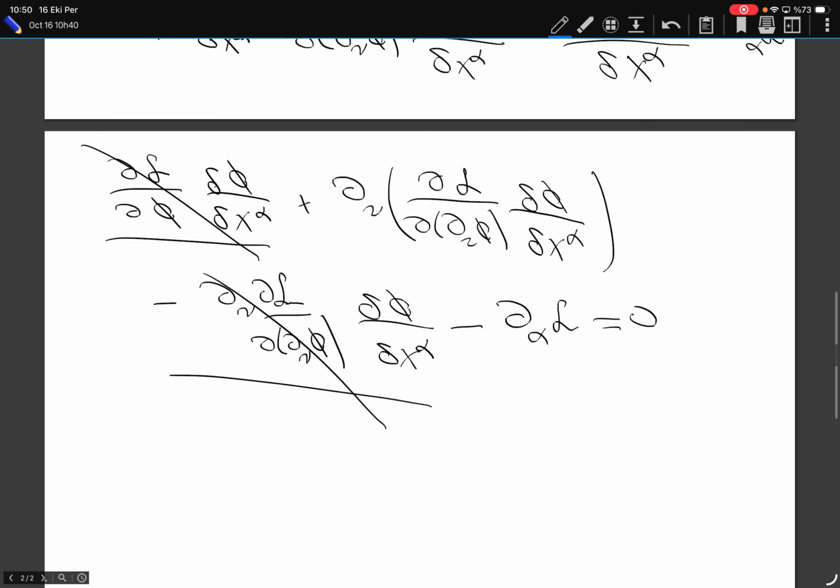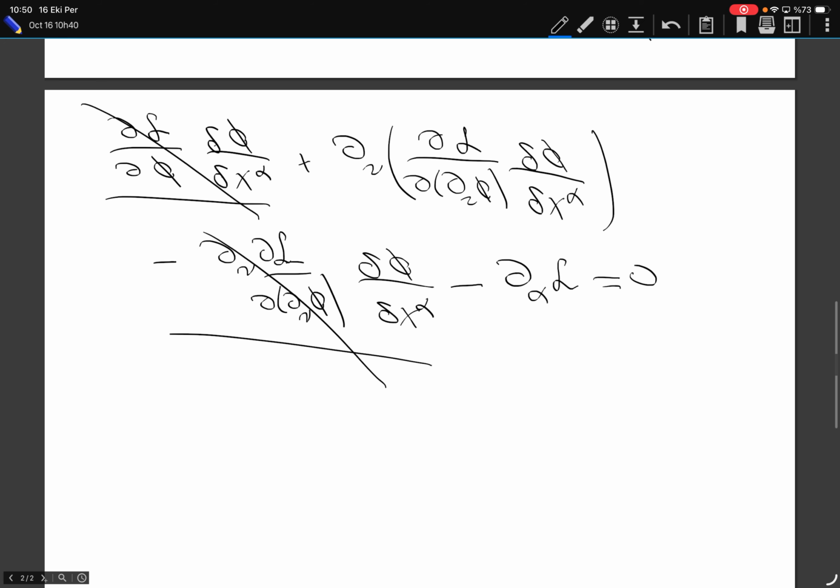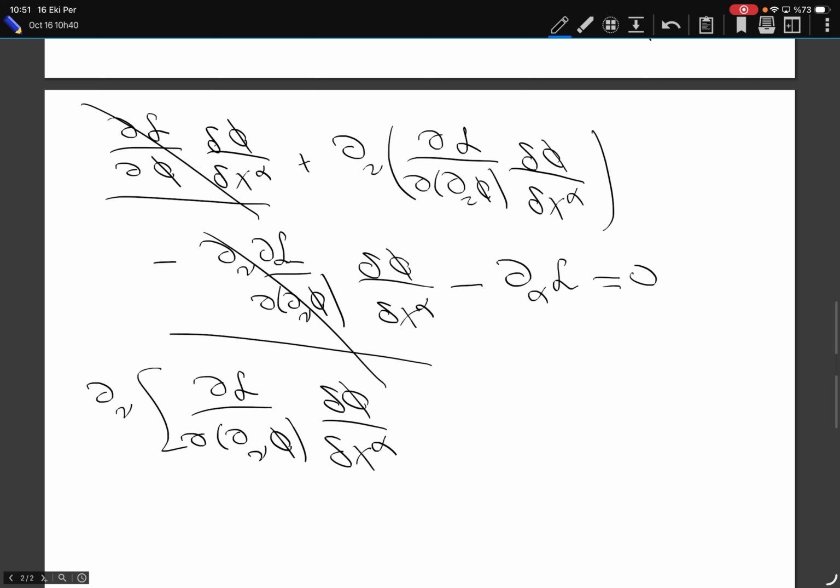And I am left with del nu of the derivative of the Lagrangian with respect to del nu phi, times the change in the field per translation, minus G alpha nu L. This should be equal to 0. Well, if you multiply del nu with G alpha nu, you get the derivative with respect to X alpha.